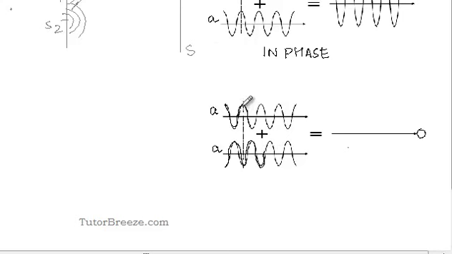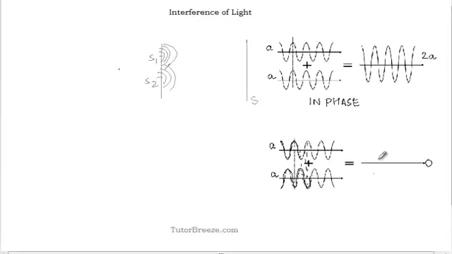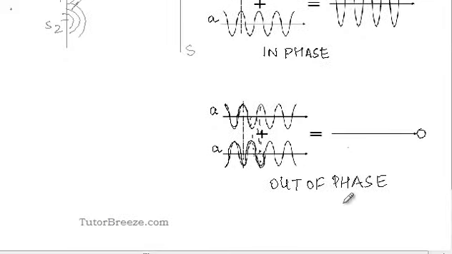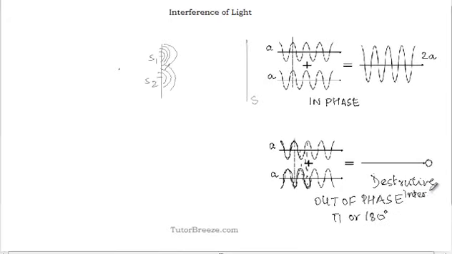So in this case, if you add up the amplitudes at every point, then you can see that they will add up and give you a resultant amplitude of 0. So in this case, the waves are out of phase. There is a phase difference of 180 degrees or pi, and this is a case of destructive interference, whereas the former was a case of constructive interference.